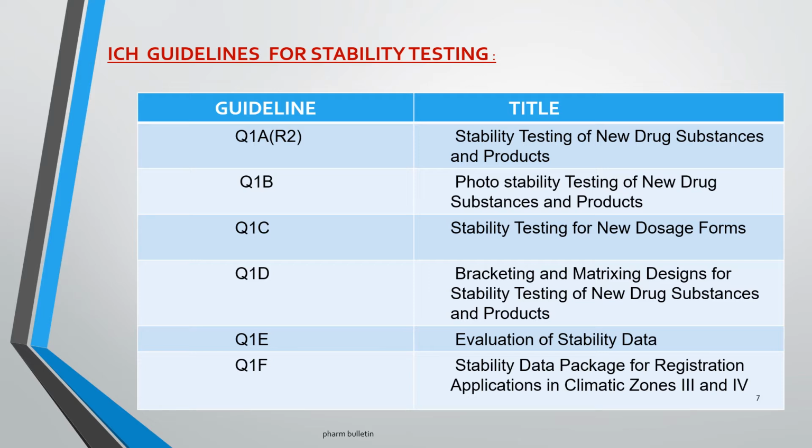From all these guidelines we can study the stability testing of new drug substances and new dosage forms, photostability testing, bracketing and matrixing designs of stability testing, evaluation of stability data, and stability data packages, etc. All these things we can study from the ICH guidelines.